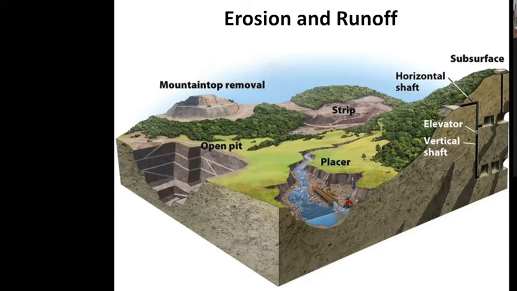And so mountaintop removal is particularly problematic when it comes to erosion. Strip mines, that's where you take away one layer at a time. And then of course, open pit, we just saw how those can erode and collapse. And you definitely don't want erosion when you're talking about subsurface, because that means it's going to collapse underground. If you have anybody in there, they're going to be at major risk.